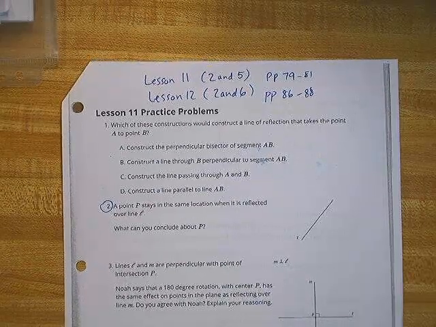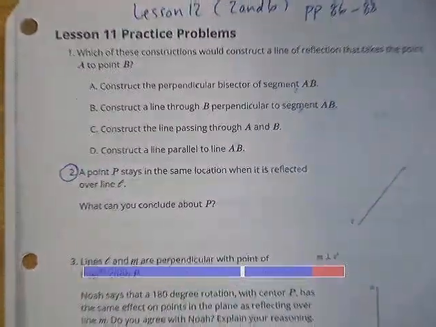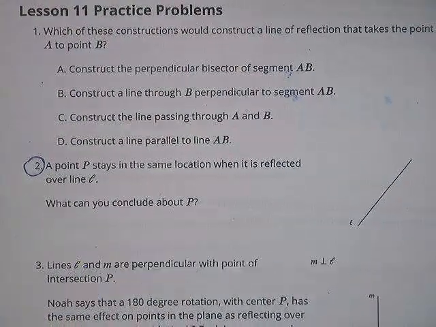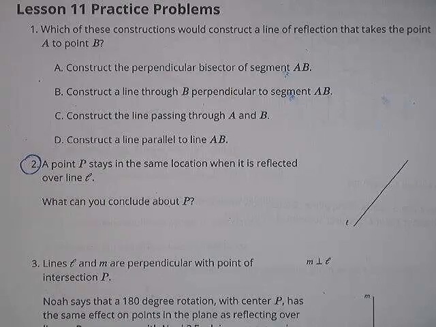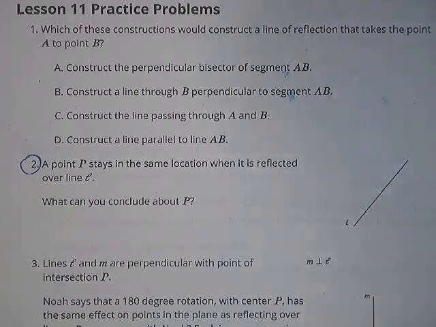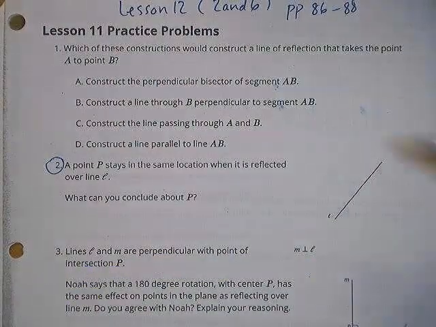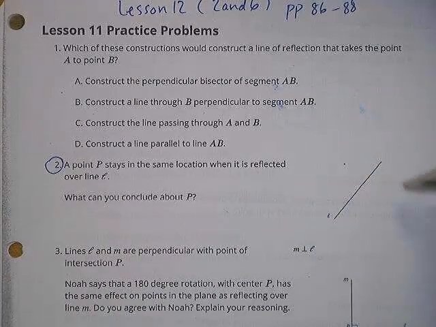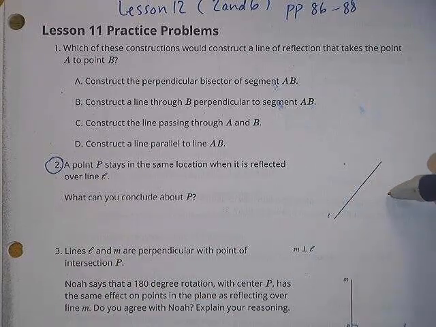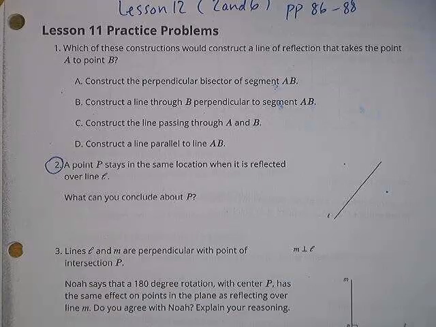Alright, so problem number 2 is asking the question, a point P stays the same distance when it is reflected over line L. What can you conclude about point P? So if I place point P here, and if I reflect over the line, it's going to be somewhere over here, so that means point P is moved.